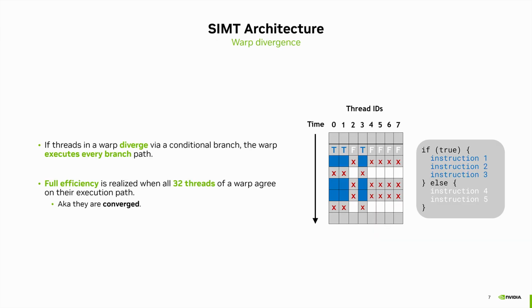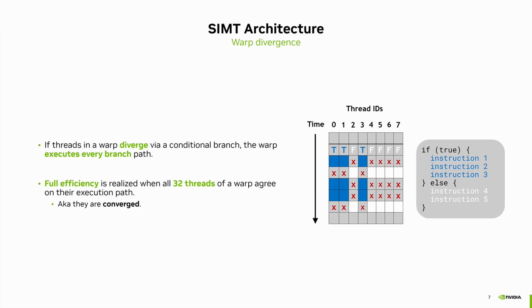So what actually happens when threads within a warp branch to different execution paths? In this case, each path is executed separately with its active threads. As you can see in the example on the right, whenever we have instructions from the blue path executing, there are only 3 active threads, threads 0, 1, and 3, and the rest of the threads are deactivated.